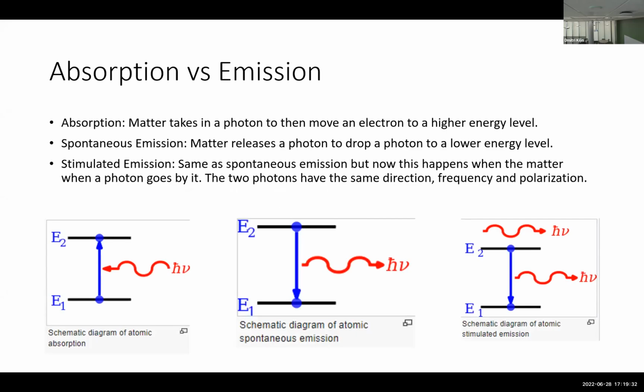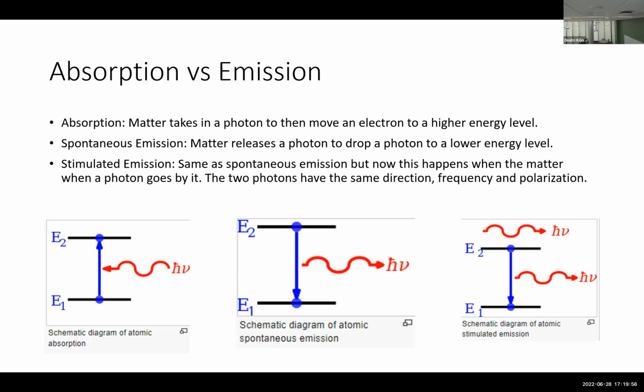So absorption is when matter takes in a photon and then an electron is moved from its initial state to a higher energy level. And then spontaneous emission is when matter releases a photon, and an electron drops from a higher energy level to a lower energy level.